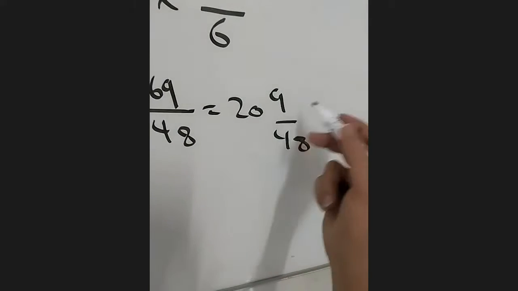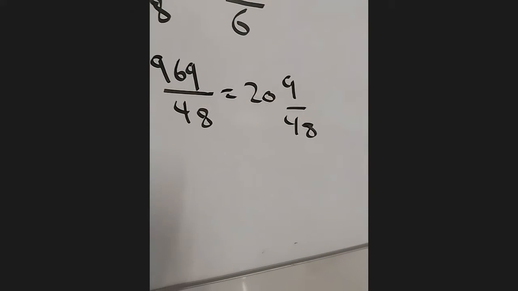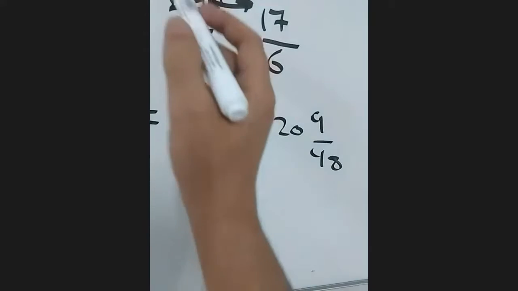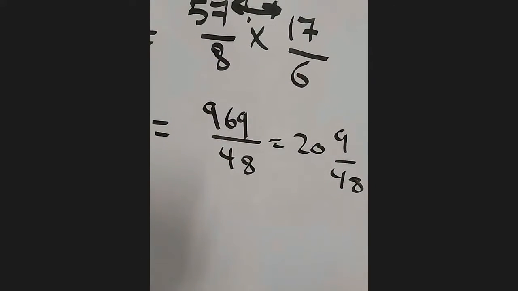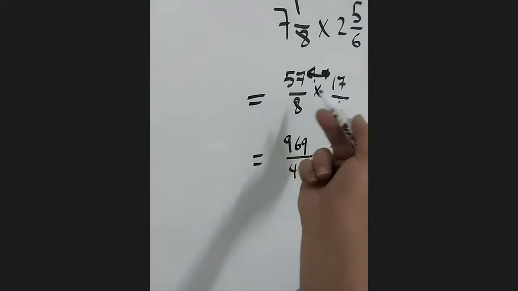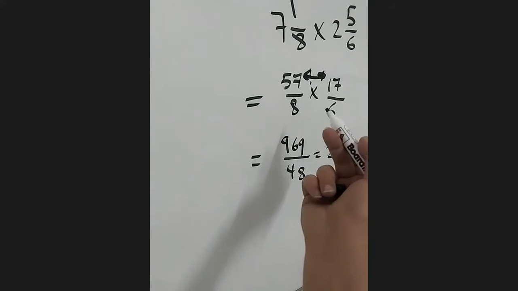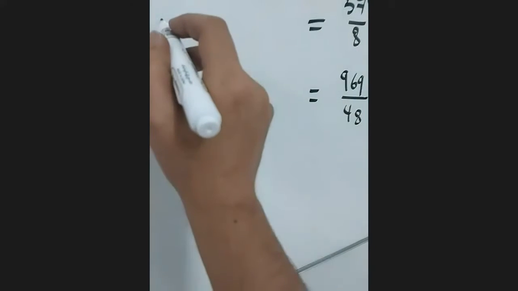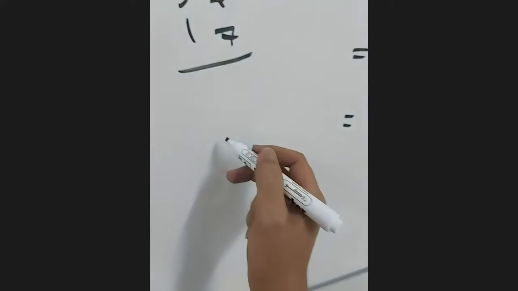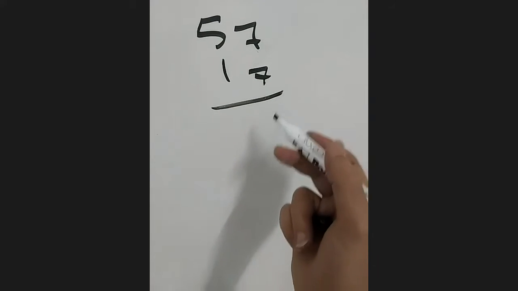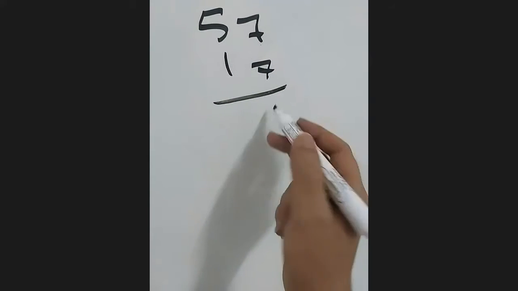How can we bring the 969? Multiply these two numbers here, okay? Show me the multiplication. Why? You don't know how to multiply two numbers? Yesterday I multiplied, the answer will be 244. 7 by 7, how much? 49.